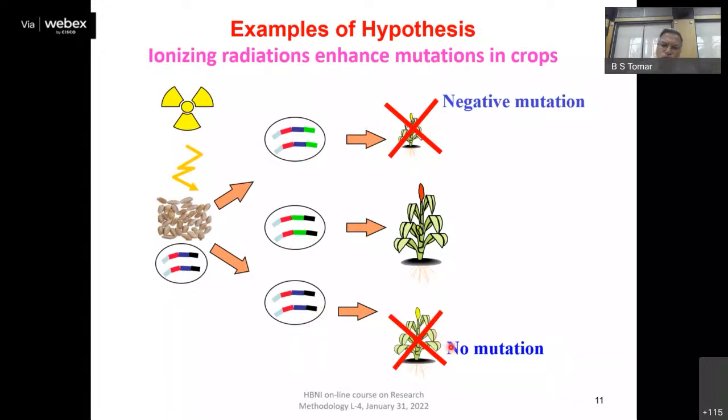It can be no mutation, and it can be a positive mutation, meaning it will enhance growth. So there are three options. As I mentioned, instead of two options, you can have three options. So if you want to test that they enhance mutations in the crop, when you sow these seeds in the field, then you pick up the ones which are having positive mutation. How do you know?